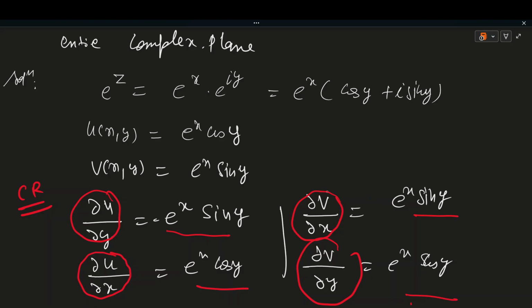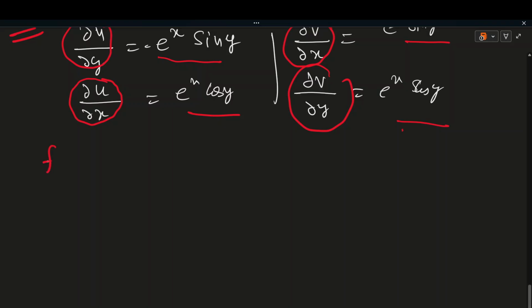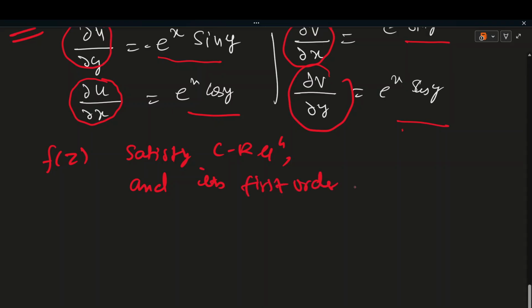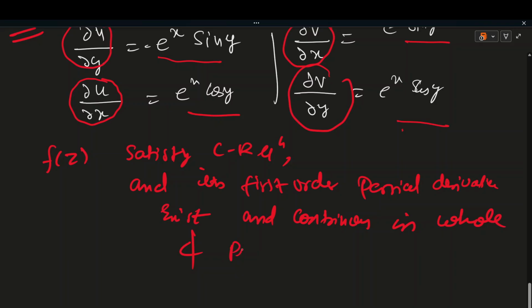So f(z) is analytic in the whole domain D. You choose any x, y. So f(z) satisfies the CR equation, and its first order partial derivatives exist and are continuous in the whole complex plane.